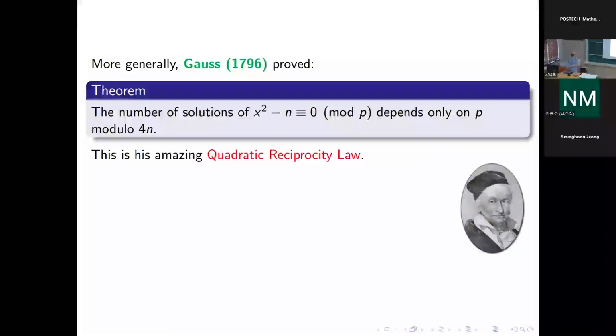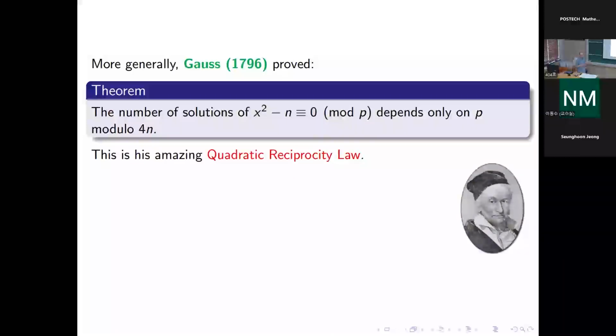And then over the next 100 or so years, mathematicians continued to study this problem of squares or square roots modulo primes. And Gauss was, I believe, the first one to prove something that was conjectured before, that this is a general phenomenon.